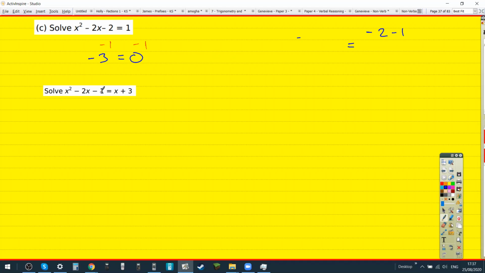And so what do you now have on the left side? On the left side, minus 3. Yep. What else?